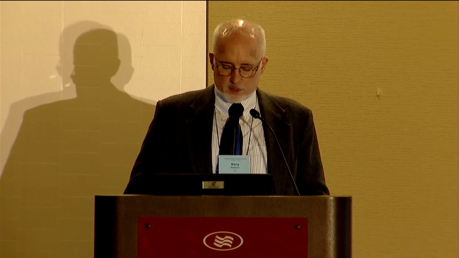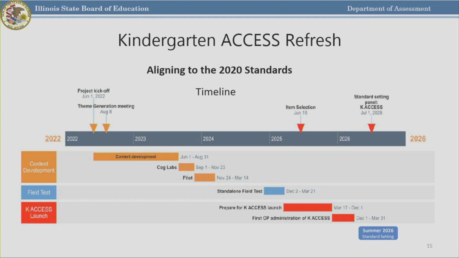Okay, and I've thrown in this timeline for the kindergarten access refresh. It will follow the same pattern as the other tests. They start with content development, which is going on now, and then that will phase into some cognitive labs and pilot testing in 23-24. They'll do a standalone field test in 24-25.